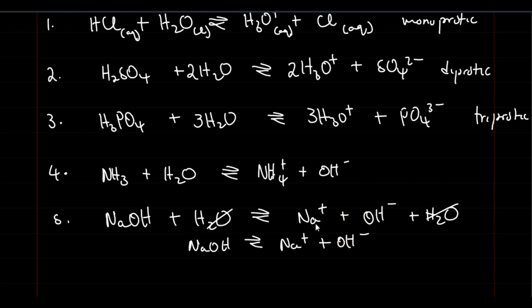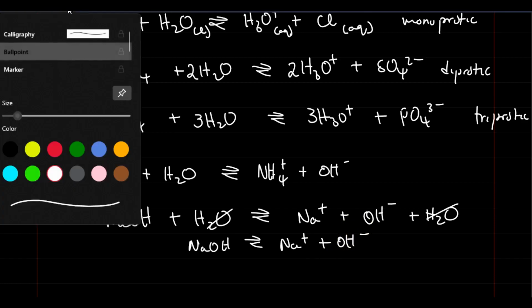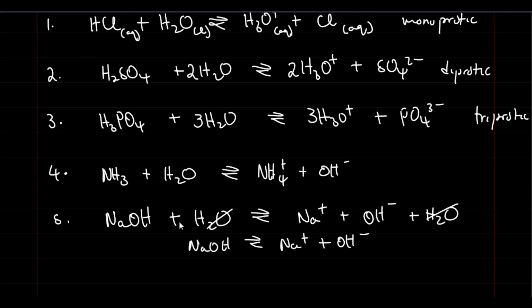Okay, so now others can argue and say that if this is a base and this is an acid, there must be some sort of reaction. Well, let's do this. When the Na separates from the OH minus, we get this.